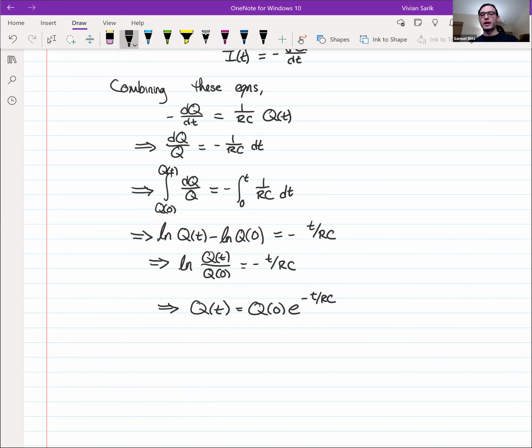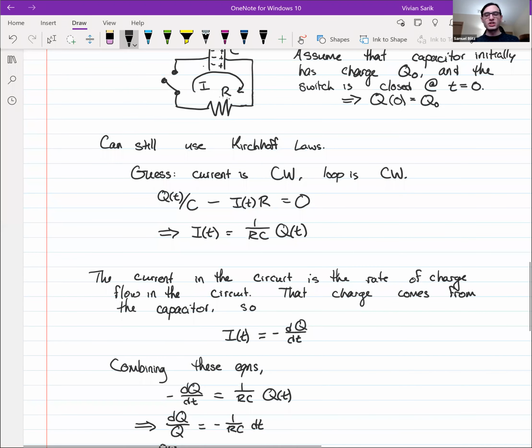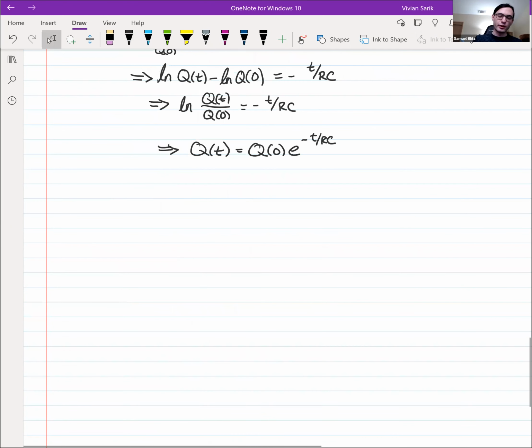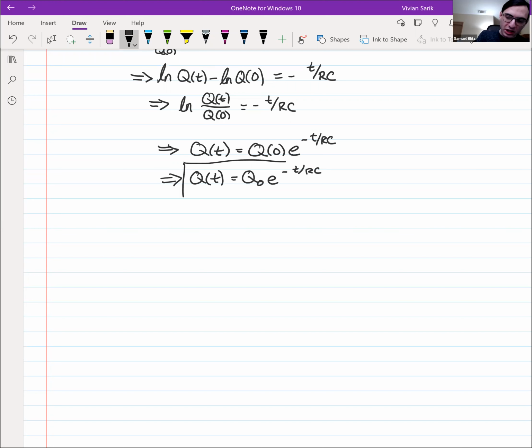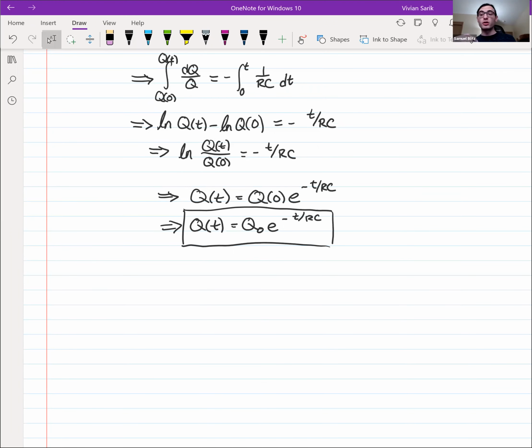And we gave a name for q of 0. We just called that q naught. So really what we have is that q of t is q naught times e to the minus t over RC.